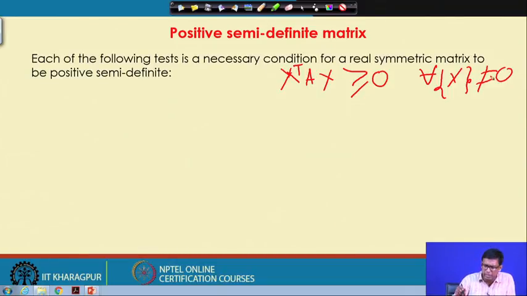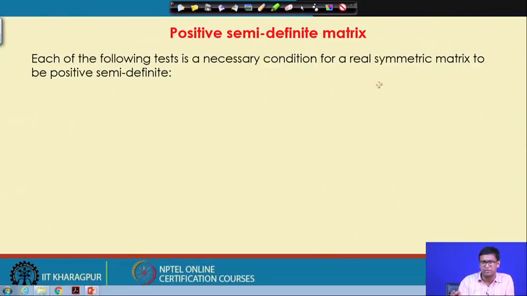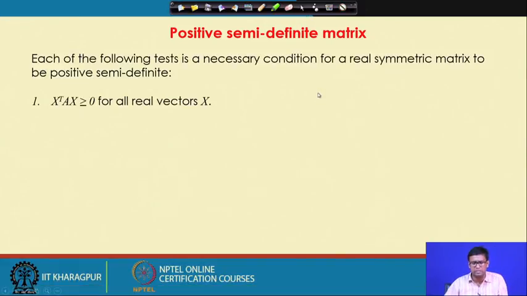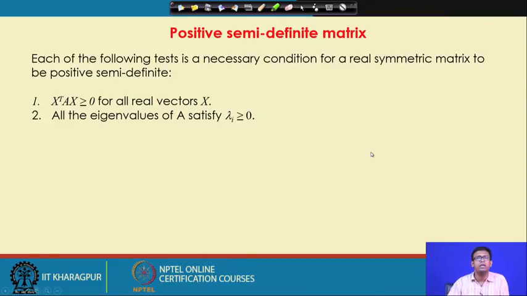And for real symmetric matrices, there are a few tests for a positive semi definite matrix. Again we come to the paradigm of symmetric matrices: x transpose Ax is greater than or equal to 0 for all real vectors x. All the eigenvalues are non-negative, that is, either greater than 0 or equal to 0.